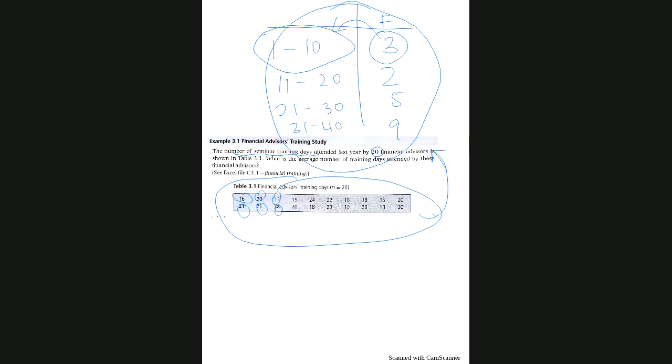So let me clear the screen. What you're going to do is, firstly, you have a table with 2 columns. One where you have the intervals. You don't have to label this intervals, but I'm just labeling it so that you understand what we're doing.